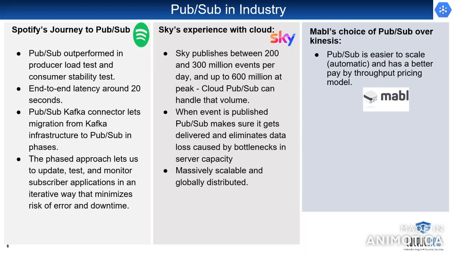Here, Spotify decided to evaluate PubSub based on two tests. One was the producer load test, where around 2 million events were published per second to PubSub topics, and PubSub outperformed Kafka in this test. It was able to publish and receive 2 million messages without any service degradation, and there was no server error in the PubSub backend also.